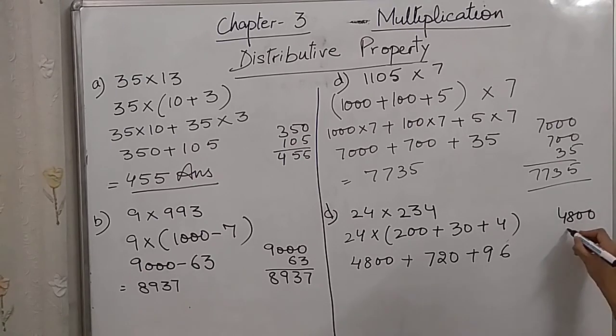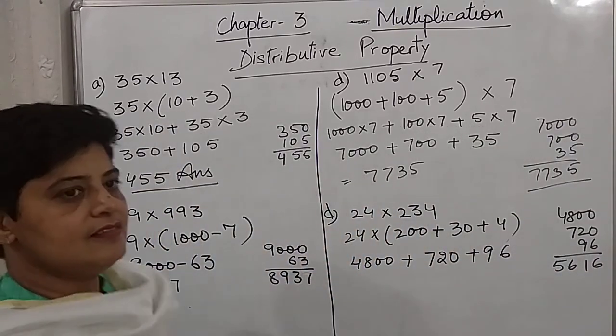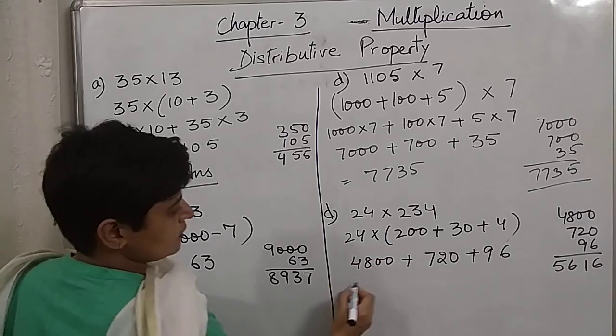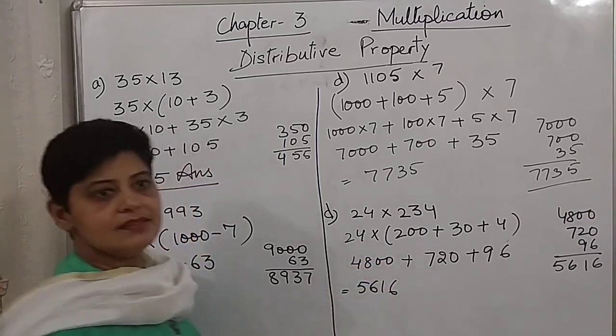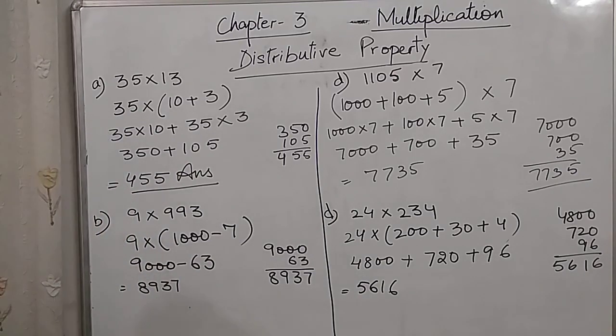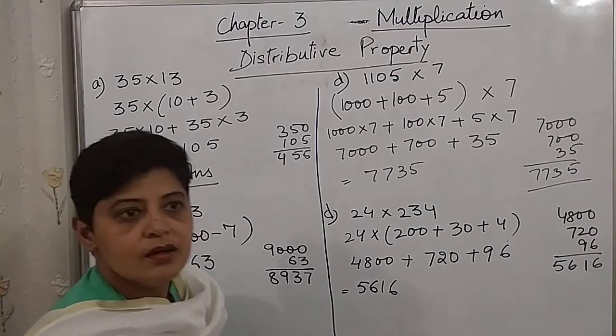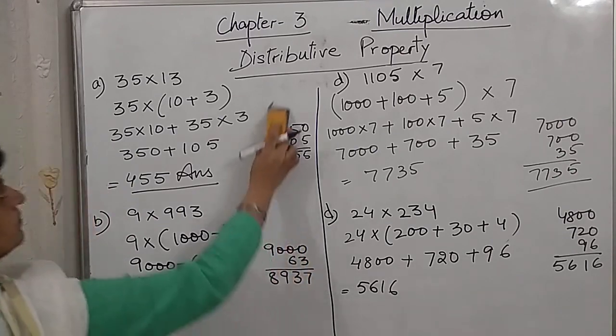So 4800 plus 720 plus 96 is 5616. Now, moving on to the next question.